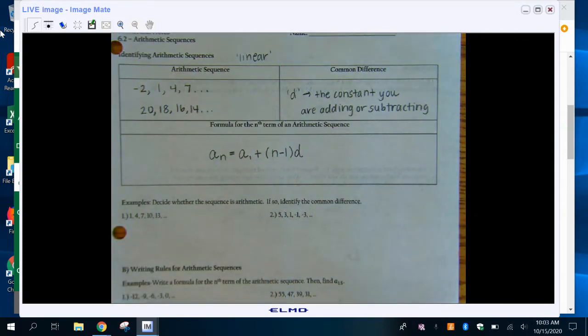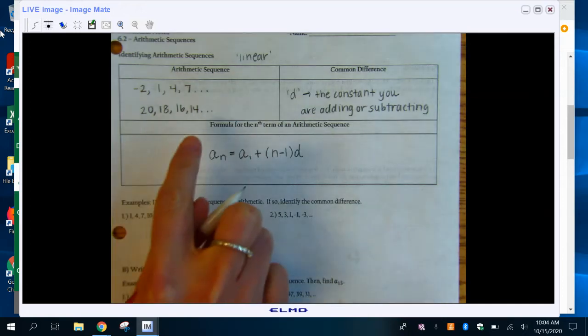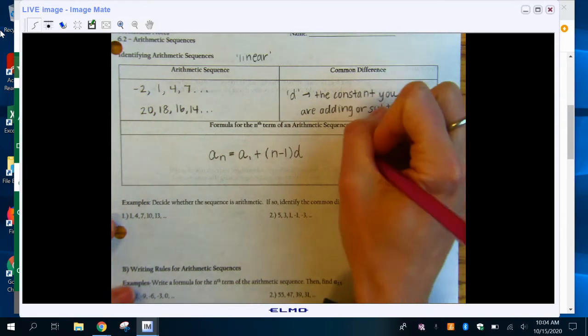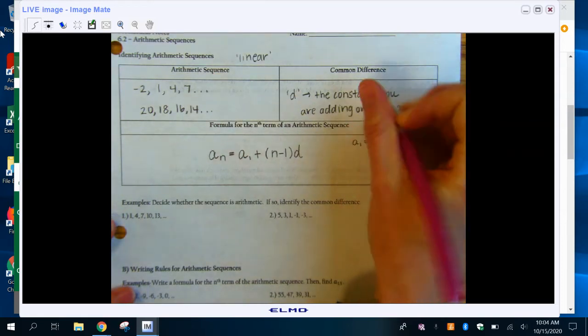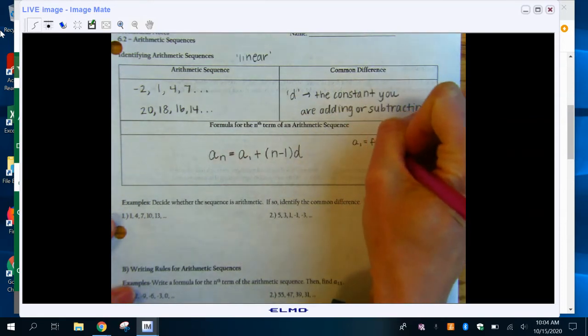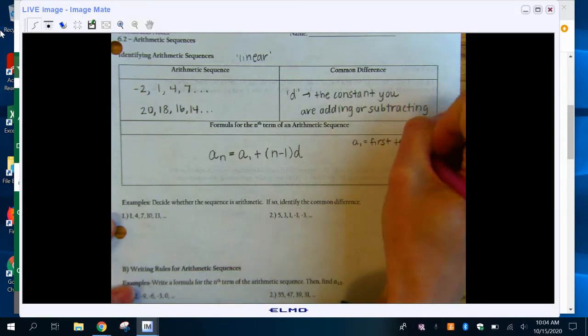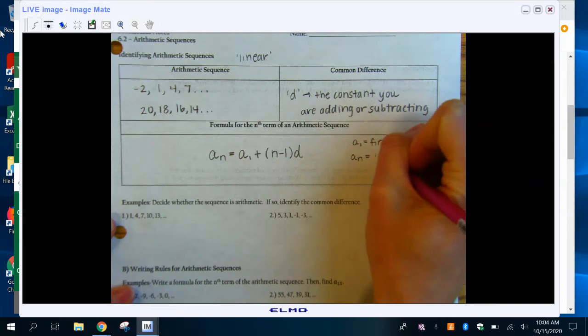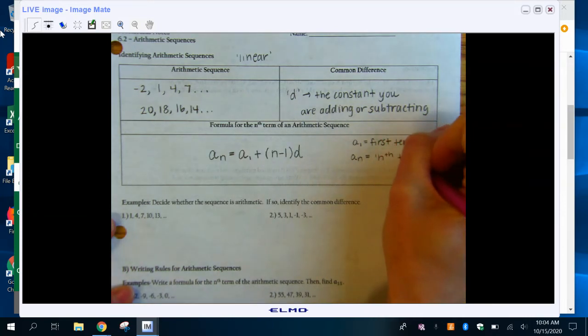Okay, now the notation in this unit is what can make things kind of difficult. You really have to make sure you understand what this notation represents. And so a sub 1 is your first term. A sub n is the nth term. So it can be anything.